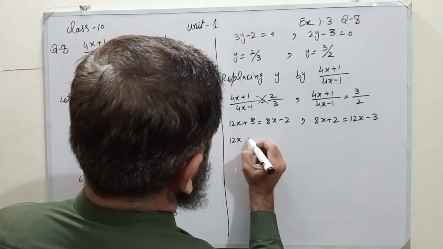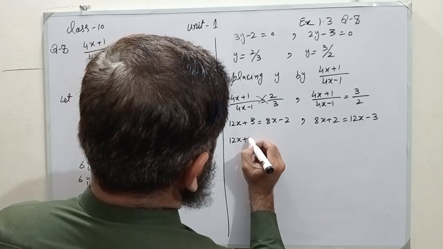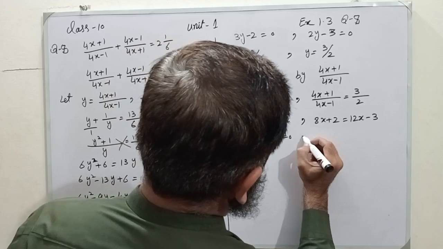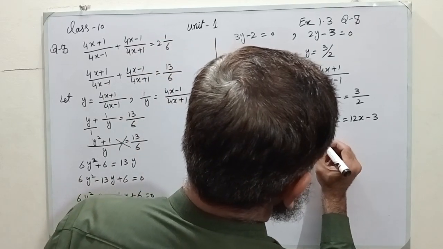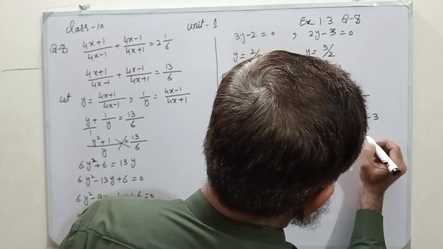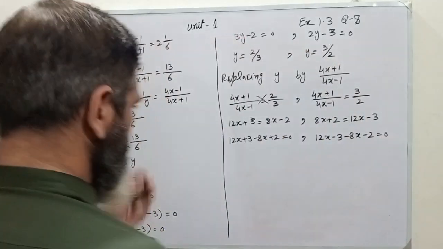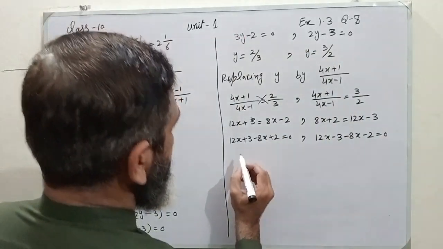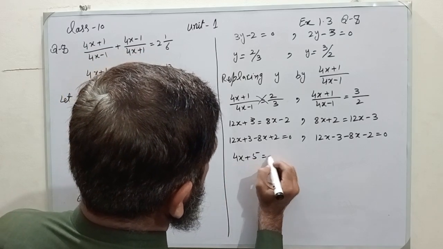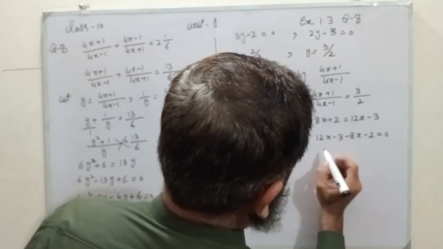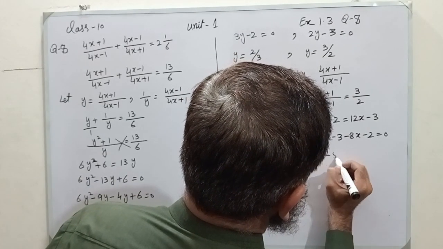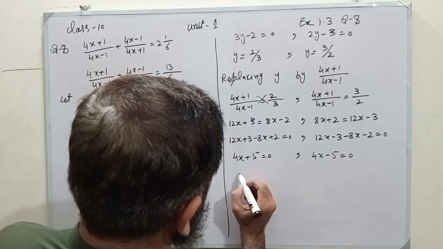Here 12x plus 3 minus 8x plus 2 is equal to 0. Here 12x minus 3 minus 8x minus 2 is equal to 0. Here it will be 4x plus 5 is equal to 0 and here 4x minus 5 is equal to 0.